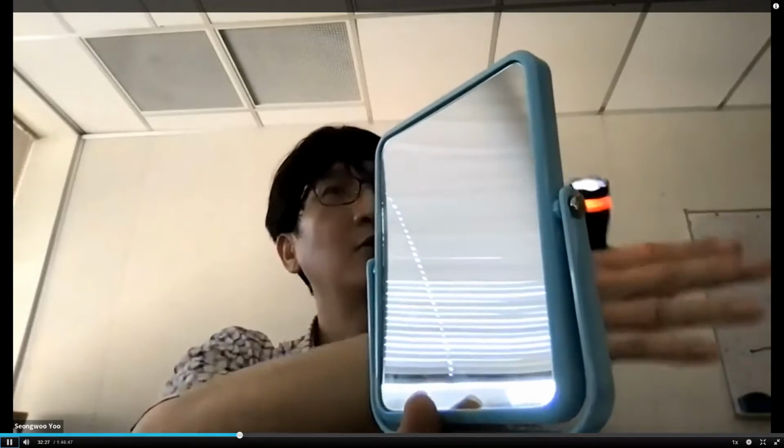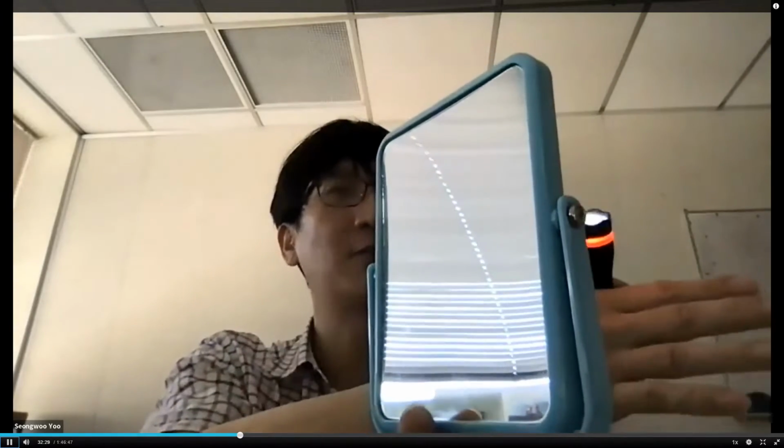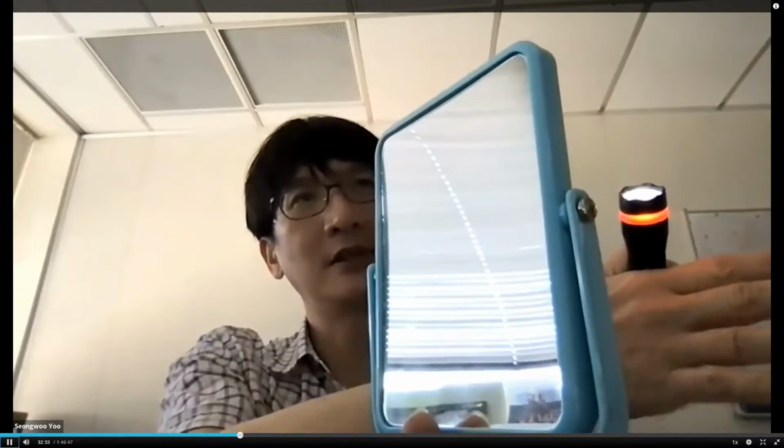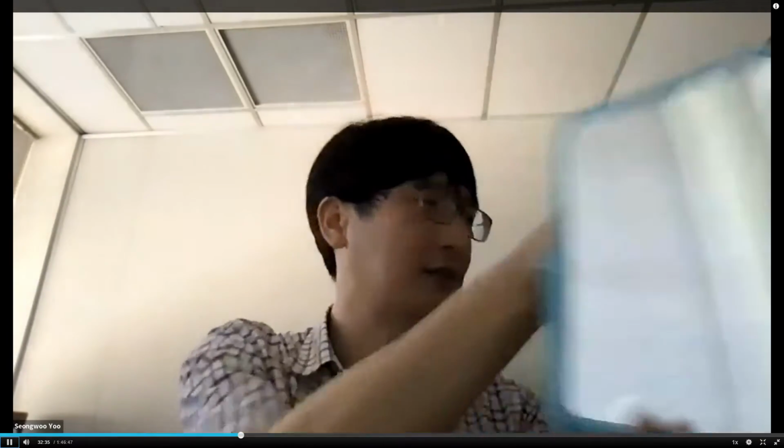No, because there are no physical rays. Therefore, the virtual image is not going to be projected. There's no physical ray striking this screen. So you can differentiate the virtual image and the real image by placing a screen or paper or whatever. If the image is projected on your hand, then it is the real image.